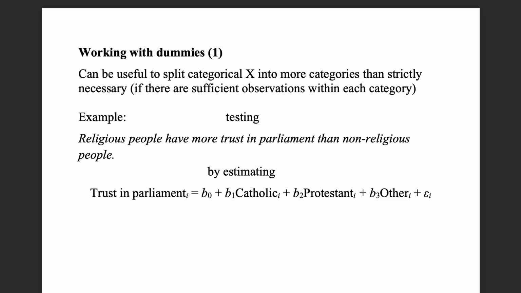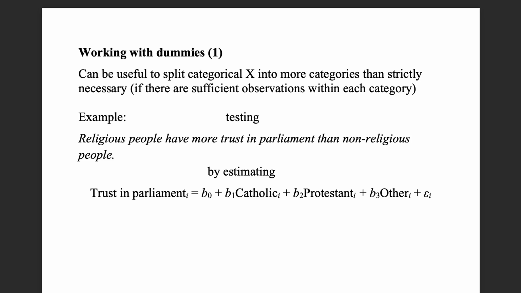And then you could say, well, I could just make one dummy variable for whether or not people are religious, but I would also split up that religiosity category in multiple subcategories. For instance, a subcategory for those that belong to a Catholic denomination, and for those that belong to a Protestant denomination, or for those that belong to other types of religious denominations.